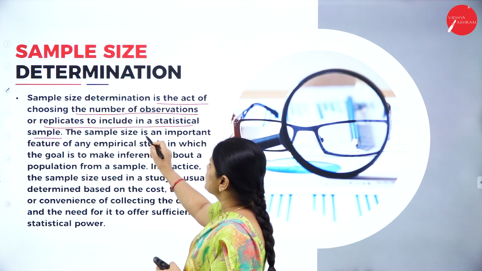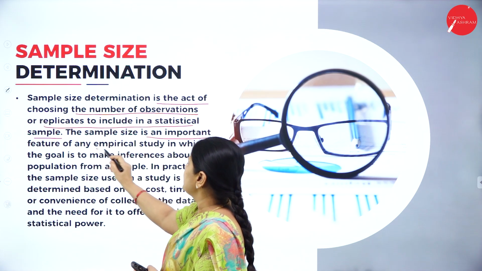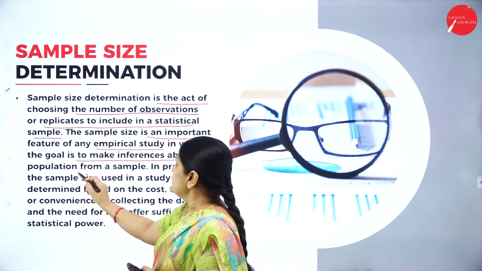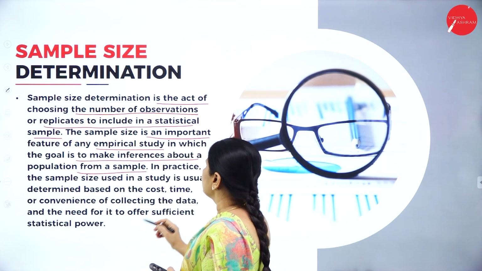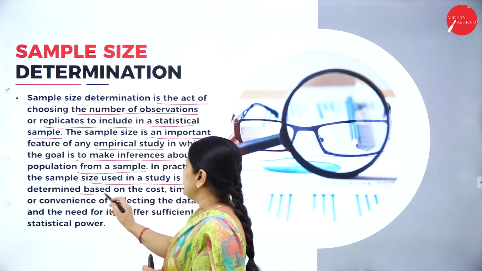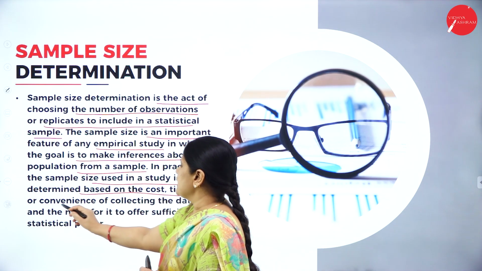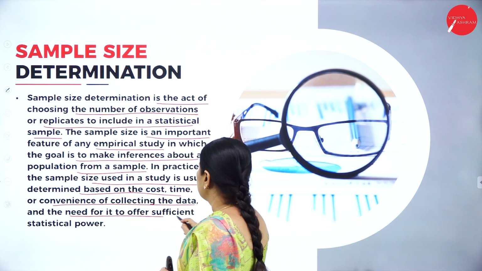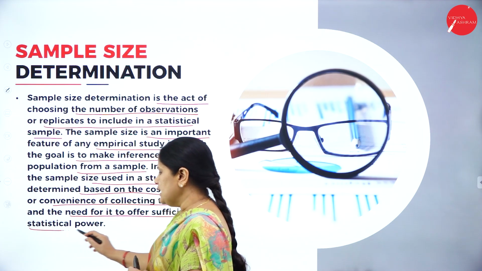The sample size is an important feature of any empirical study in which the goal is to make inferences about a population from a sample. In practice, the sample size used in a study is usually determined based on the cost, time, or convenience of collecting the data and the need for it to offer sufficient statistical power.